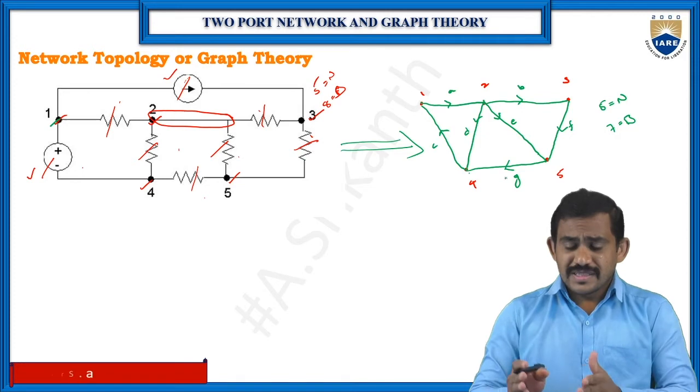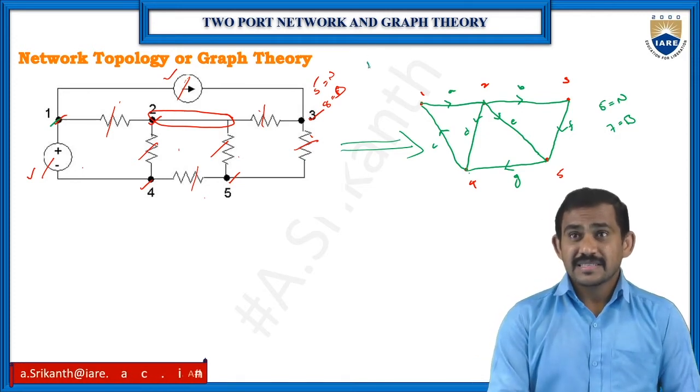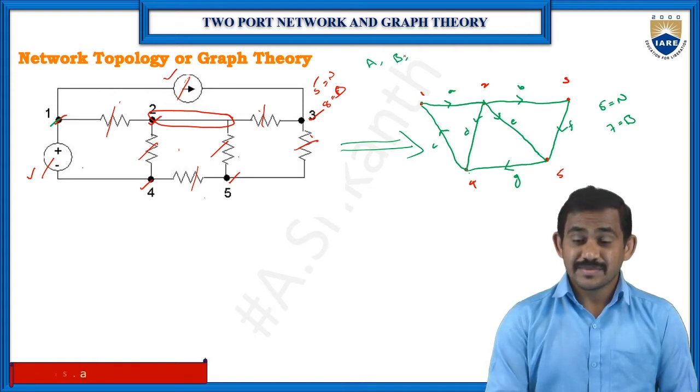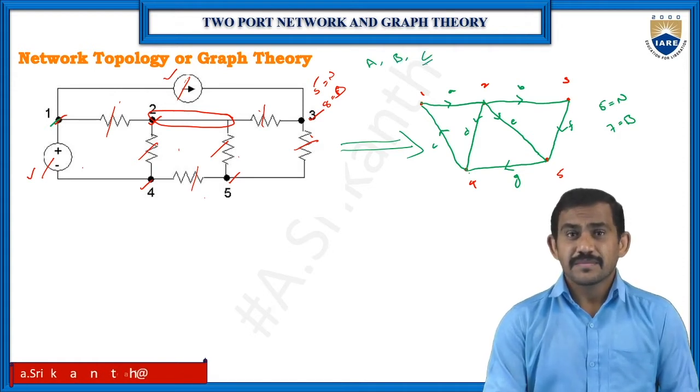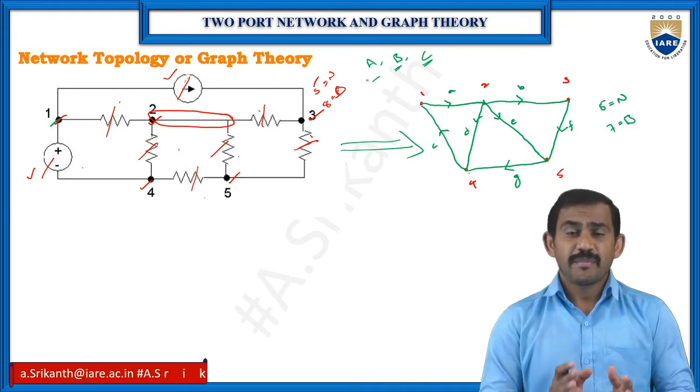Now for this graph, we need to find the A matrix, the incidence matrix, the B matrix, the basic dissect matrix, and the C matrix, the basic cut set matrix. We need to find these 3 matrices.